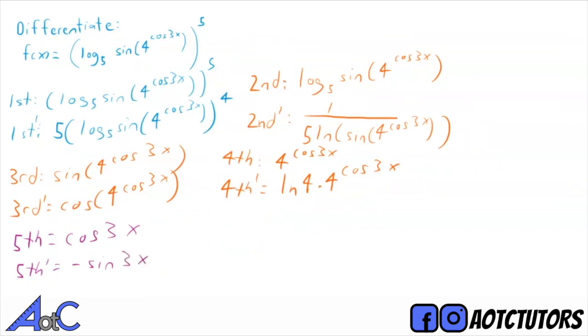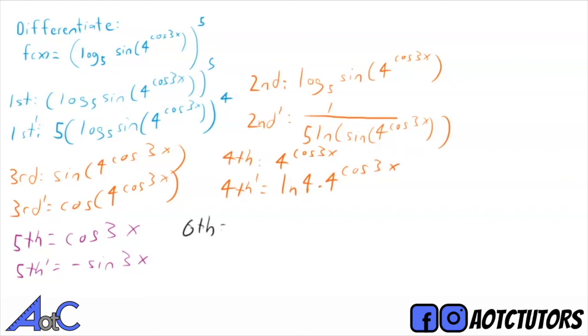All right, guys, we have one more function left. So the first was the polynomial, then the log, followed by the sine, then the exponential of base 4, then the cos function, and finally, inside of the cos function, we have one function left.